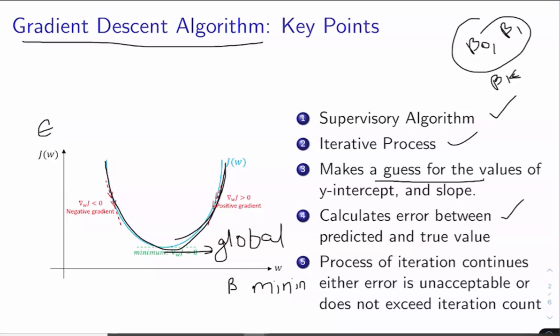The purpose of the gradient descent algorithm is to find this global minima, which means that, in another way, it tries to minimize the error, or in more mathematical terms, it tries to find the global minimum. That's why the gradient descent algorithm is also known as an optimization algorithm. It tries to optimize the error.